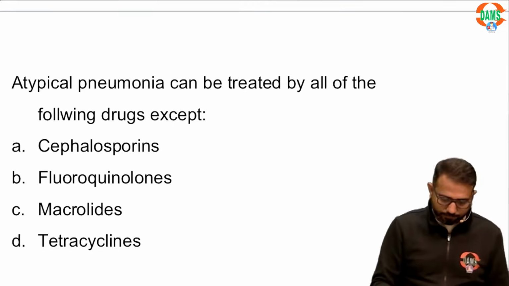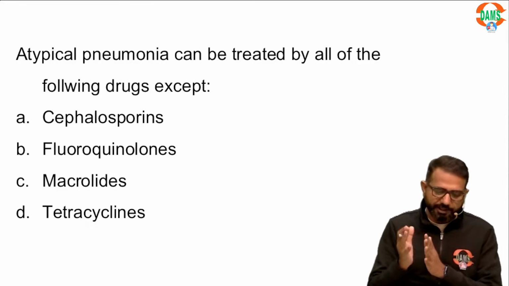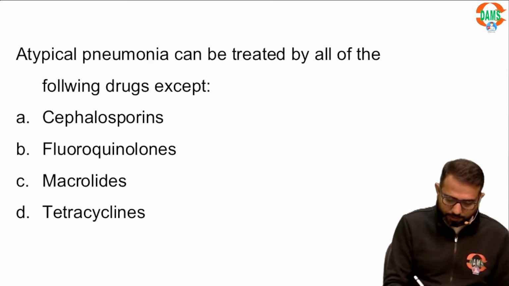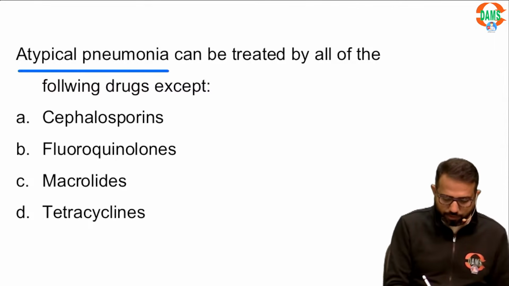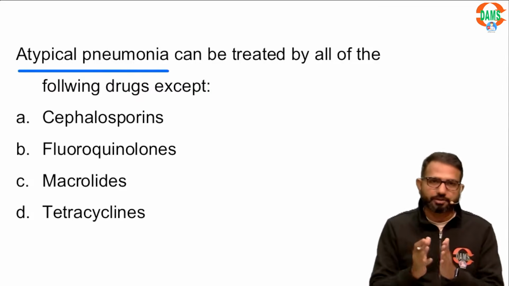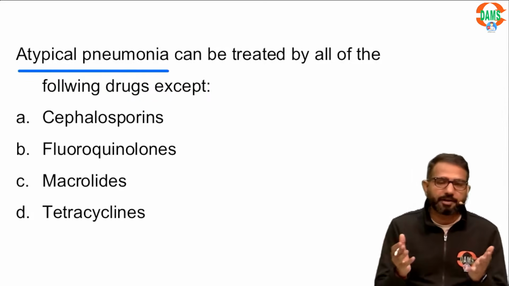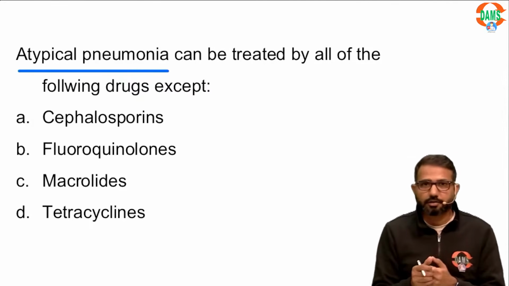Next, again a very important topic, atypical pneumonia. Do you know what is the most common cause of atypical pneumonia? The common cause is mycoplasma. The others are chlamydia and legionella.